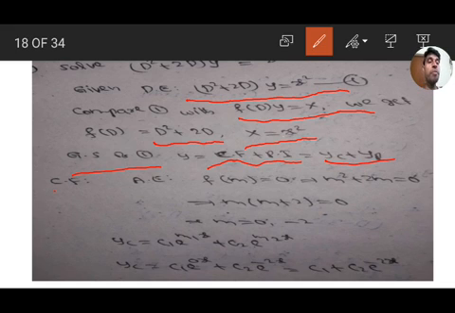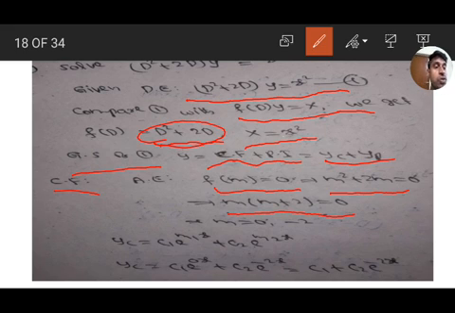For the complementary function, f of D of y equal to 0, we need to identify the auxiliary equation f of m equal to 0, that is m square plus 2m equal to 0. In the D we have to substitute m. M is common, m into (m plus 2) equal to 0, so m equal to 0 comma minus 2.